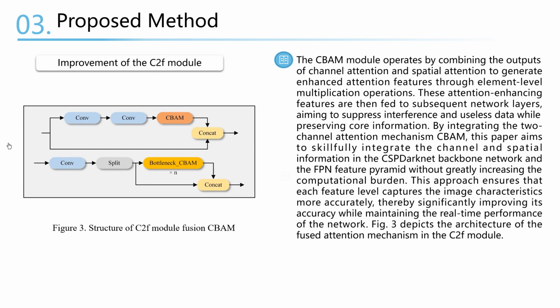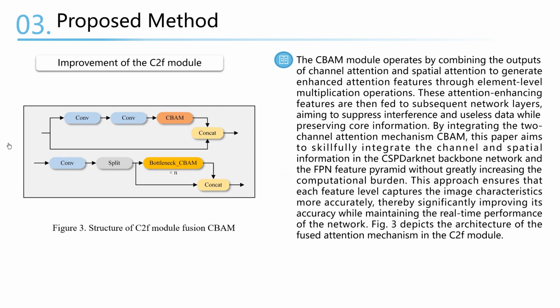preserving core information. By integrating the dual-channel attention mechanism (CBAM), this paper aims to skillfully integrate the channel and the spatial information in the CSPDarknet backbone network and the FPN feature pyramid without greatly increasing the computational burden.